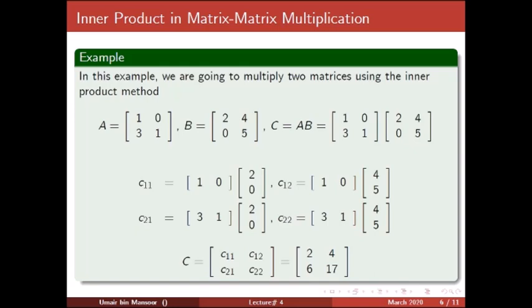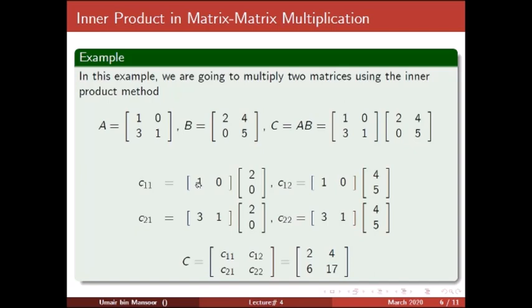Here we have taken two matrices A and B, and we are going to multiply them to find the matrix C. You can see that C11 is actually the product of the first row of A and the first column of B. So let's multiply.